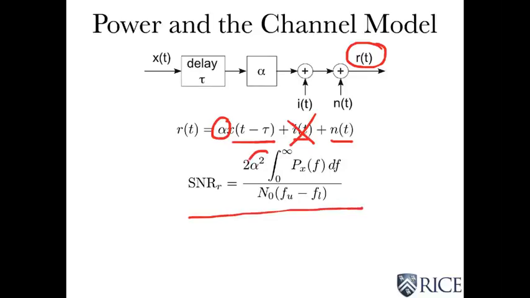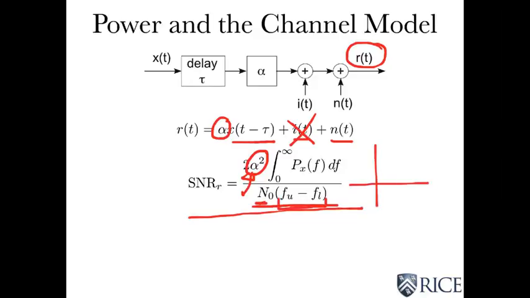So certainly the effects of attenuation in the channel really hurt the numerator. That can make it small in the wireless situation. As you get further and further away from the transmitter, this number gets smaller and smaller and smaller. So the SNR goes down like the square of that attenuation factor. And the noise part depends, of course, on the spectral height, but also depends on the bandwidth over which X exists.